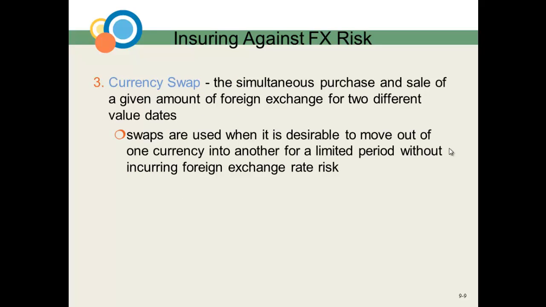Sometimes companies and banks and even governments will engage in a currency swap, and the currency swap is the simultaneous purchase and sale of a given amount of foreign exchange at two different value dates. So let's go back and look at ABC Company again. Let's suppose that the U.S. company needs to acquire Japanese yen and the Japanese company needs to acquire US dollars.